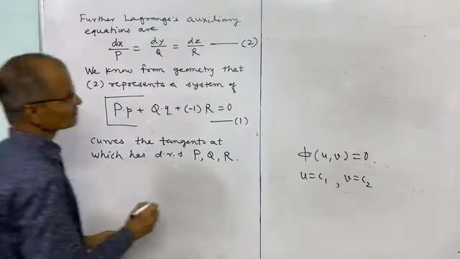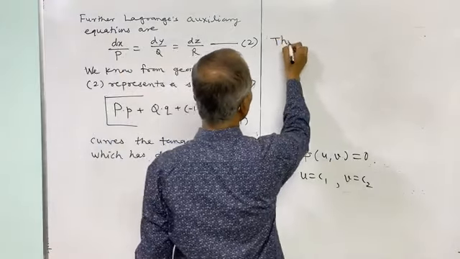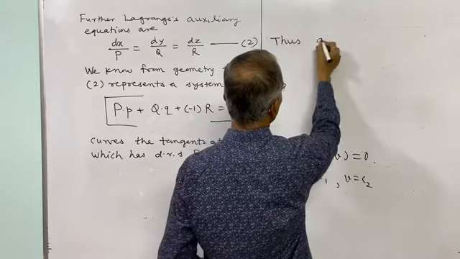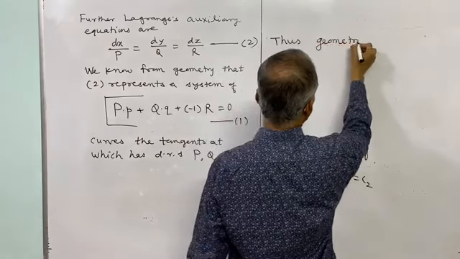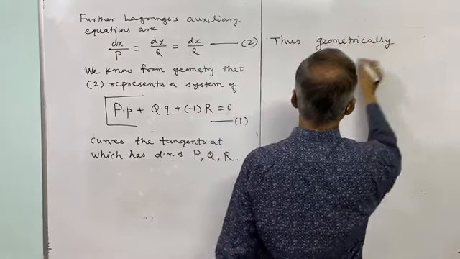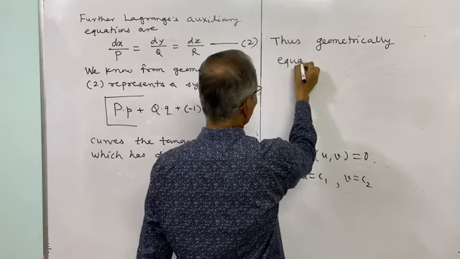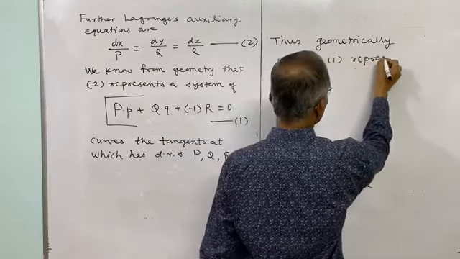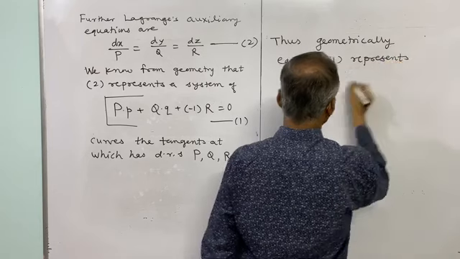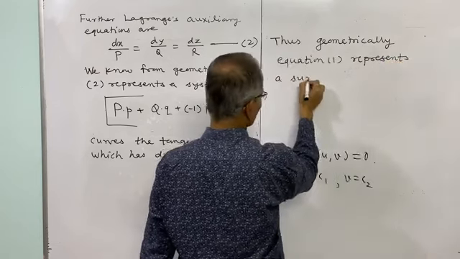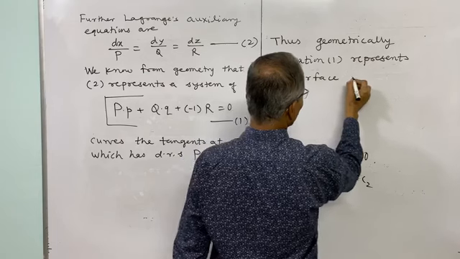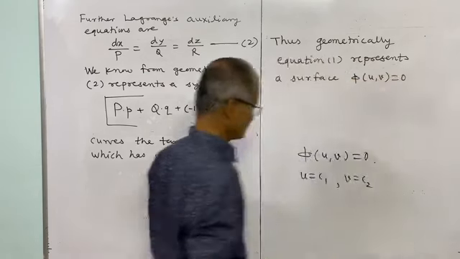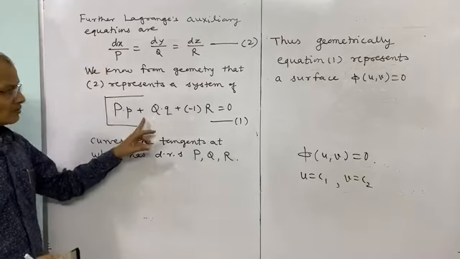So geometrically, equation 1 represents a surface phi of u and v is equal to 0. Its solution is the solution of this equation.